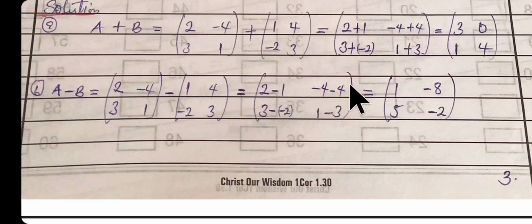So 2 minus 1 is 1, 2 minus minus 4 is 6, wait, minus 4 here gives 8, and 3 minus minus 2 gives us positive 5, because minus minus is plus.